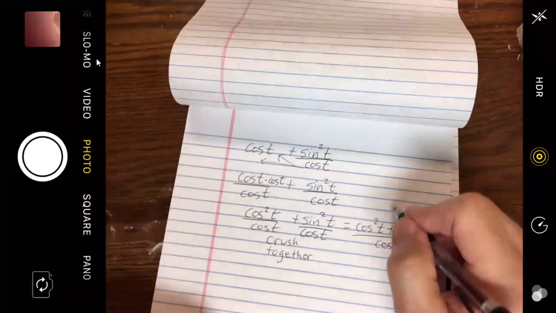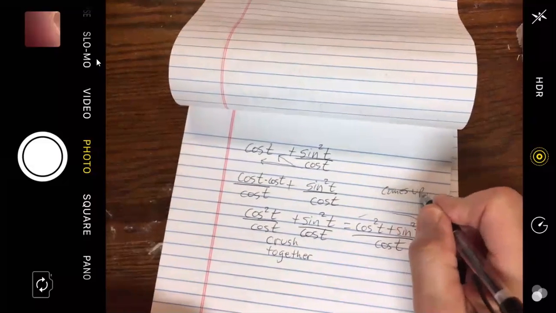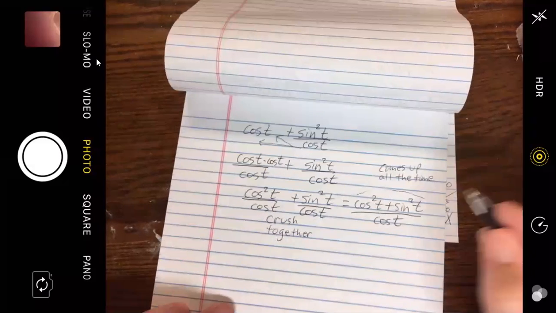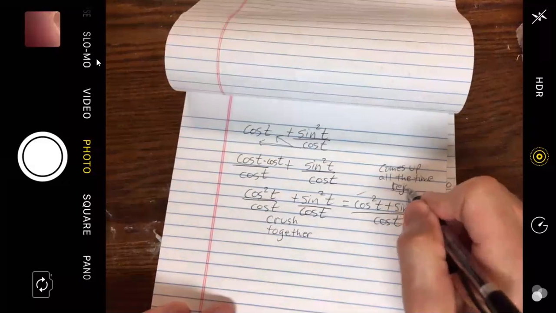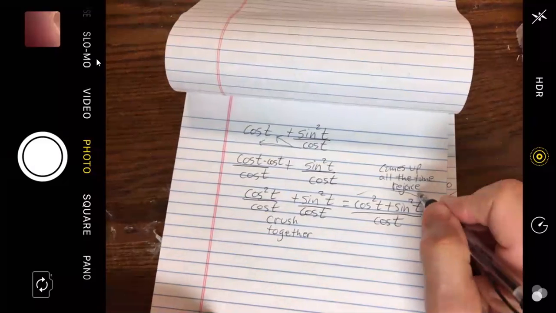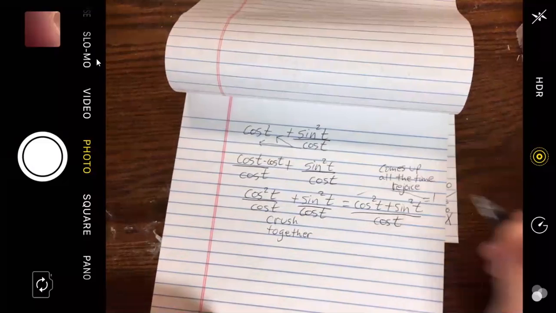And this is going to come up all the time. When it does, you can rejoice, because hopefully you know that this equals 1.